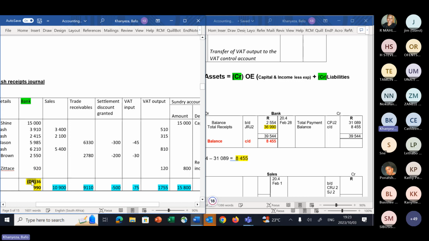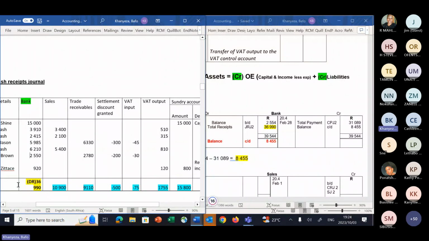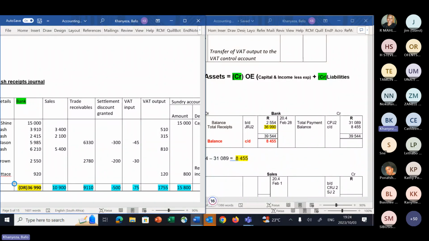If this is a debit, fine. If this 36,990 is a debit, then this is a credit then.